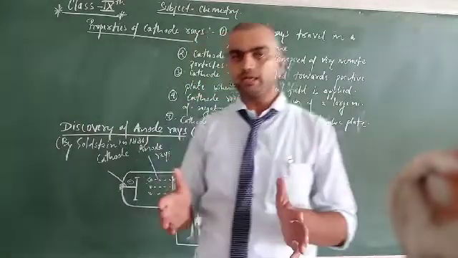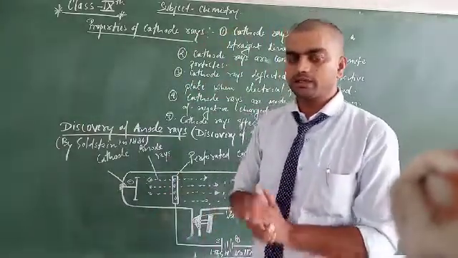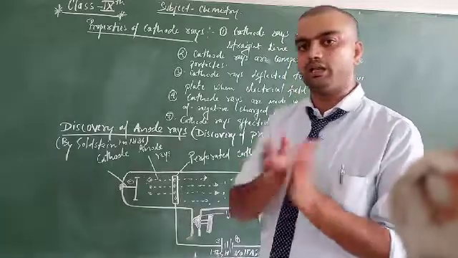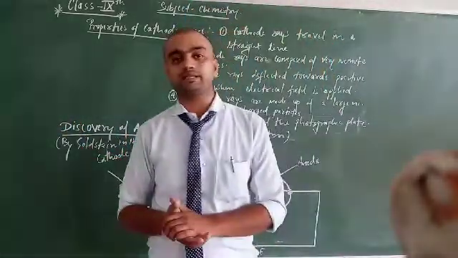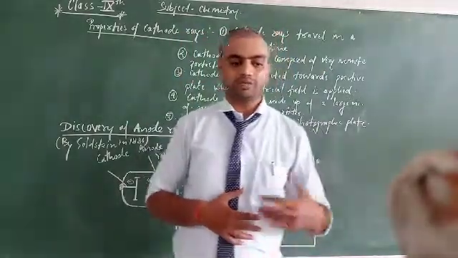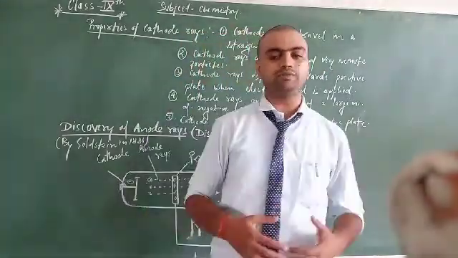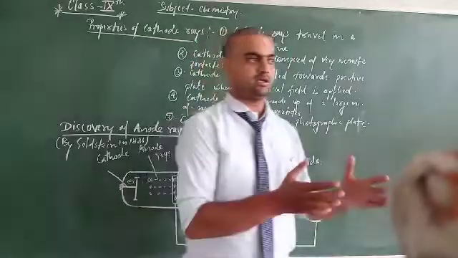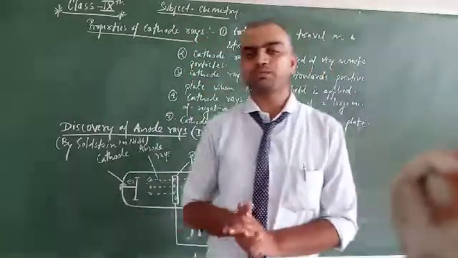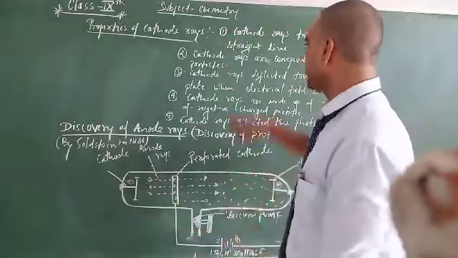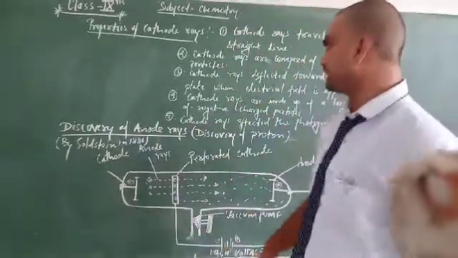Clear? So here we can see that the cathode rays travel in a straight line, just like sunlight, because we can see our shadow when we walk in sunlight. Clear? So this is the explanation of the first point, that cathode rays travel in a straight line.